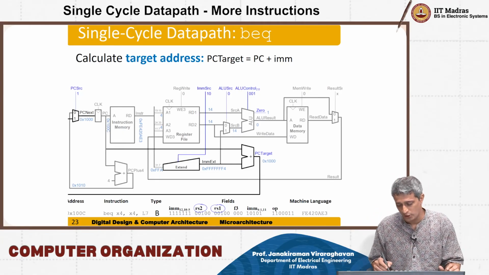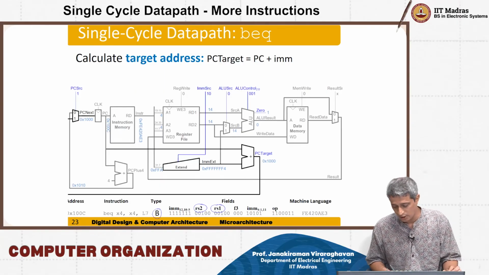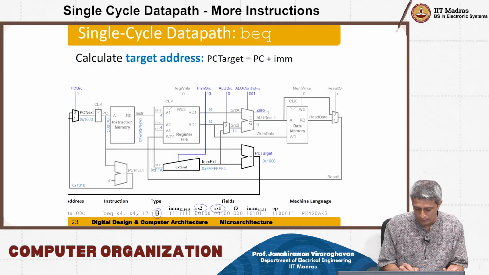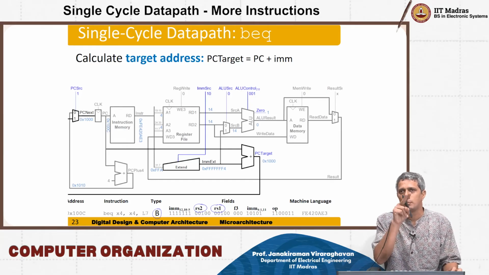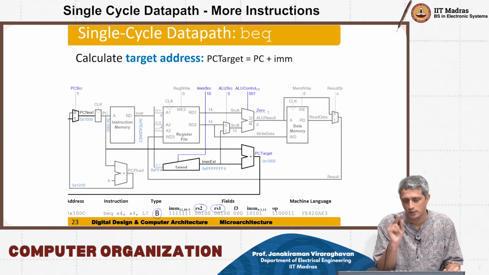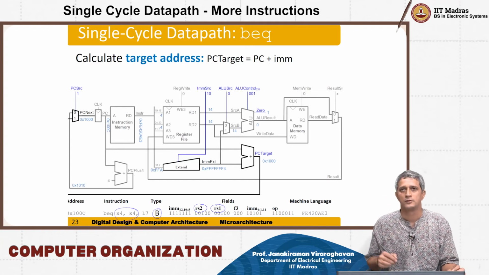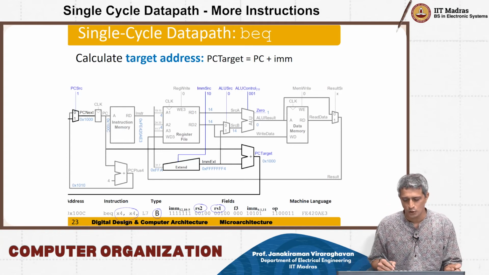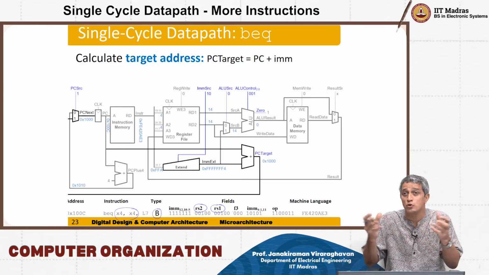Now what we are going to do here is implement a branch type instruction where you want to compare two registers, branch on equal. That is, you want to cause the program counter to take that branch if the two register values are equal. And so RS1, RS2 are the two fields whose register values are going to be compared.